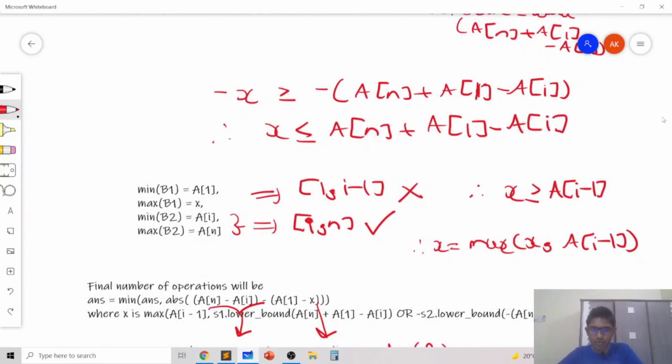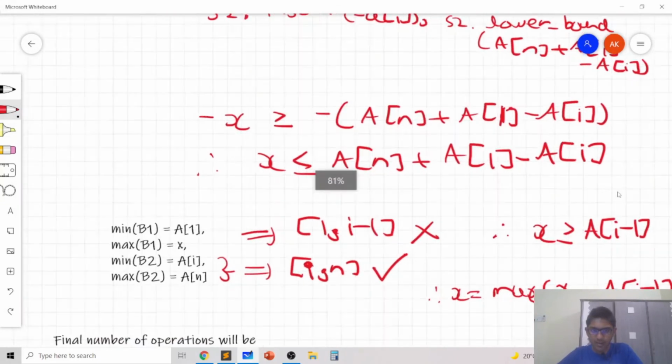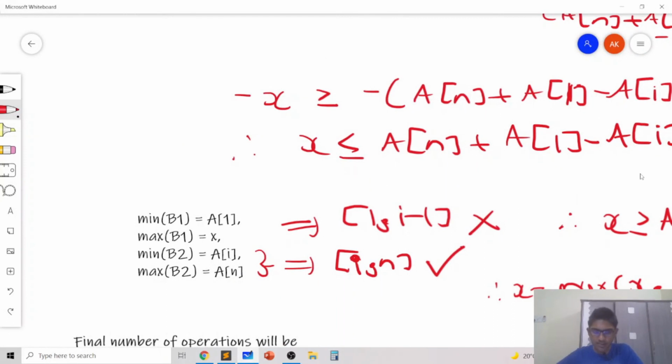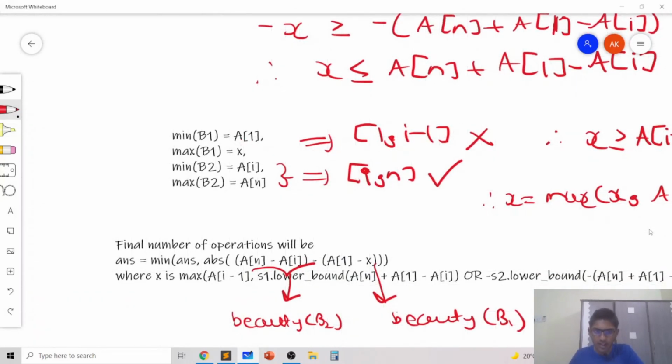Before I show you the code, it's important to mention that when we take the maximum of b1 to be x, we need to ensure that the position corresponding to x is not equal to 1 or i or n, and that's why we need to remove a1, ai and an from a multiset, and we also need to remove from both the multisets.